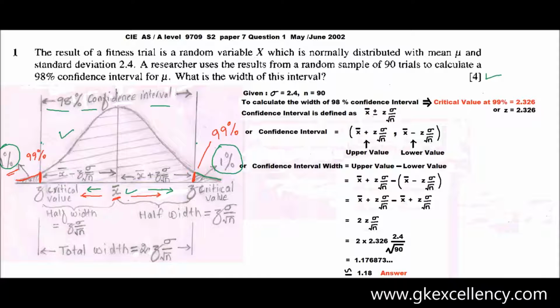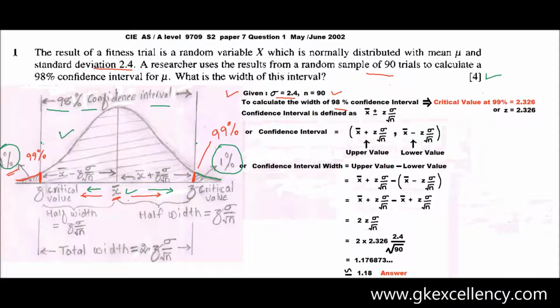For example, let's start by knowing what is given here. Given to you is sigma, the standard deviation, 2.4, and the sample of 90 trials. So calculate the width of the 98% confidence interval.